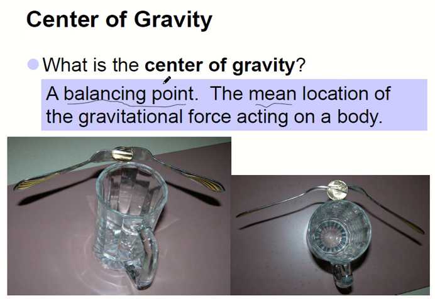Even though there are only 2 sentences here, you have to understand that we are looking at the mean location, meaning the average location, of the gravitational force acting on a body. So be very careful.